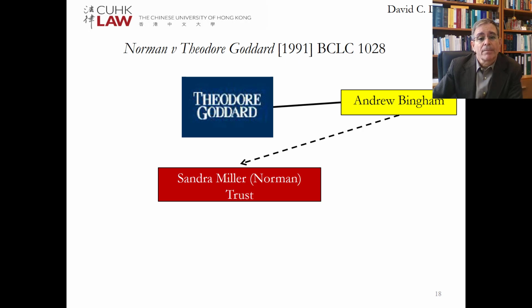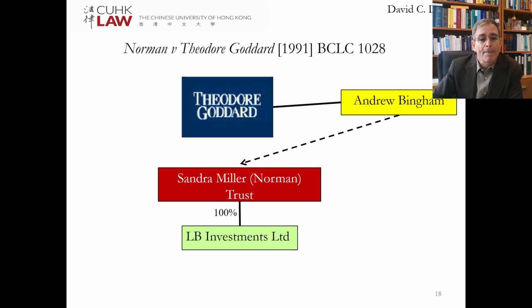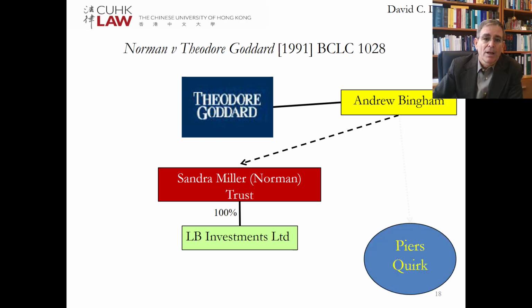Andrew Bingham votes against the current director of what the trust primarily owns, which is LB Investment Limited, asks that the person be removed as a director of LB Investments, and seeks the appointment of someone else.